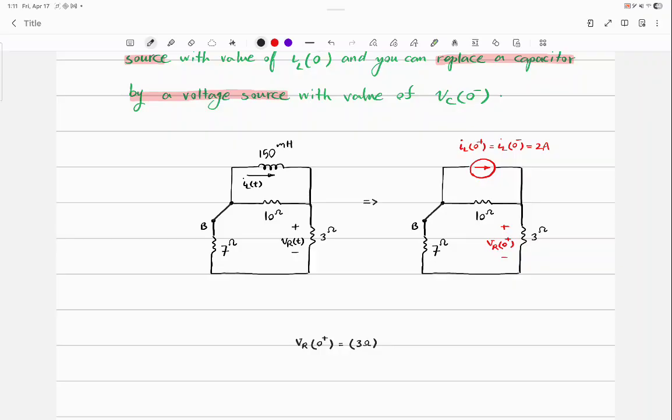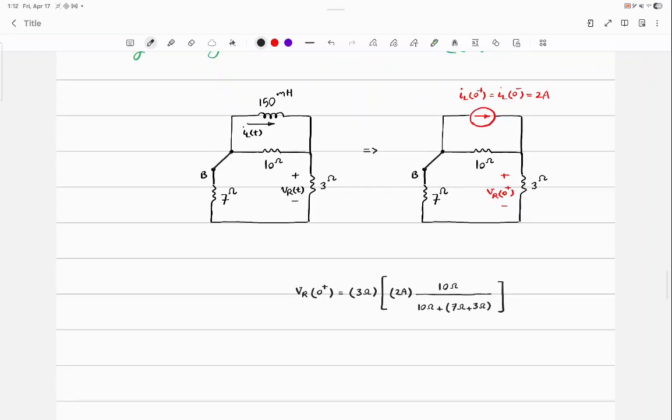The current passing through the 3 ohm is 2 amps multiplied by 10 divided by 10 plus 7 plus 3, and that is equal to, is it 3 volts? Yeah. Step 2 is done.